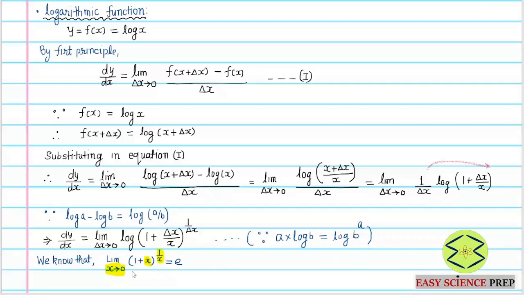So if it is x, you should have x here and 1 upon x over here. We can transform this whole limit into a similar form. Let me continue from the next page. So I'm writing it again. We have dy over dx equals limit delta x tends to 0.